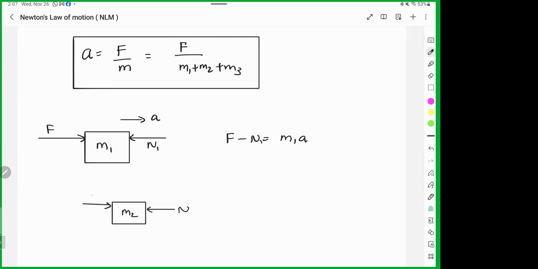Let's take this as N2, this as N3. What is the net movement? It is moving on the right hand side. How will I calculate? I know N2 is more, that's why it is moving to the right. So N2 minus N3 will be equal to mass into acceleration. Tell me, guys, find out. No, sir. Correct.